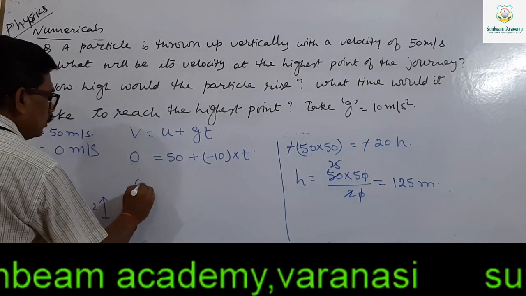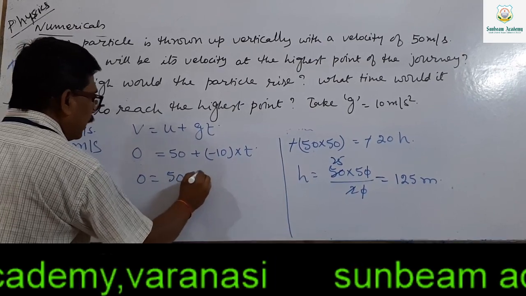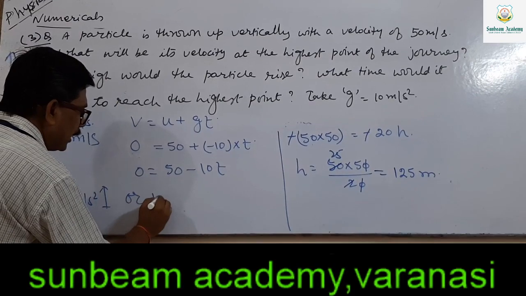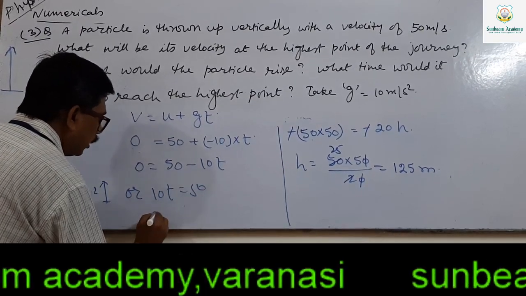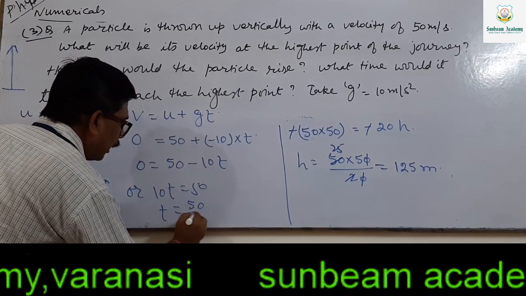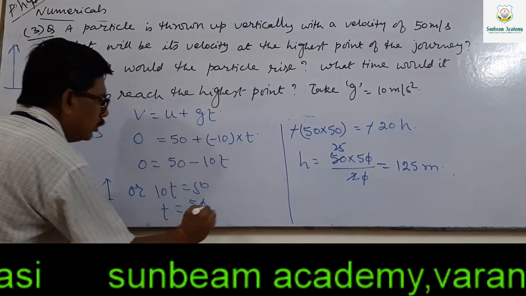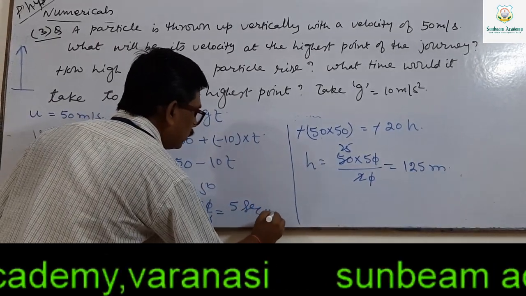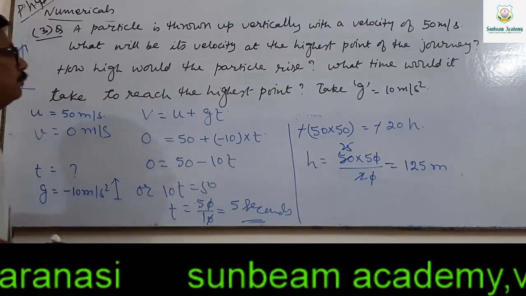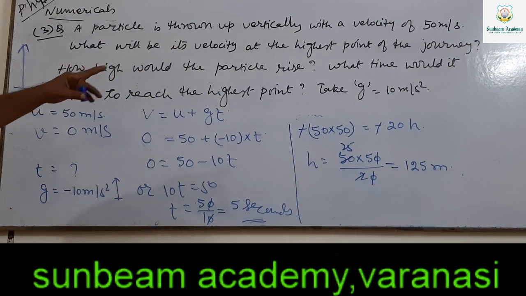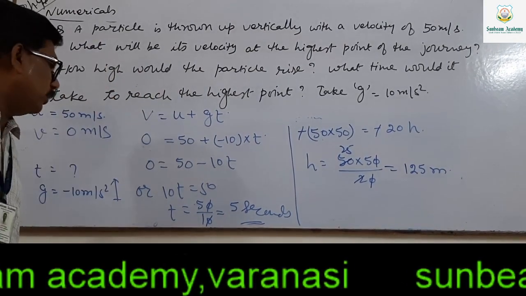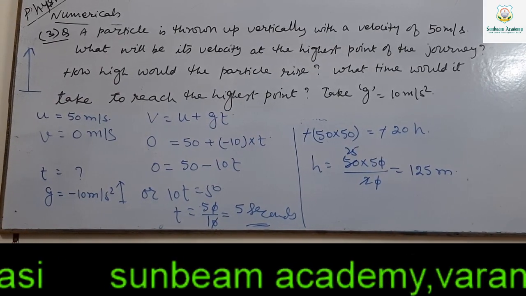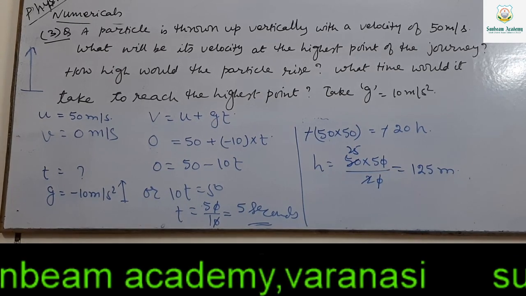Now 0 is equal to 50 minus 10t, or 10t is equal to 50, or t is equal to 50 upon 10, cancel 0 0, that will be equal to 5 seconds. So the time taken by the particle to reach the highest point is 5 seconds.